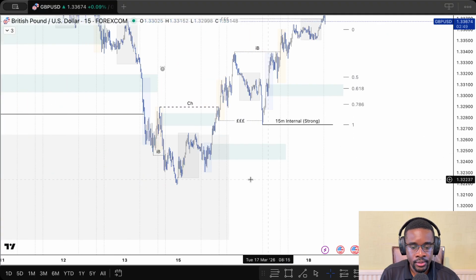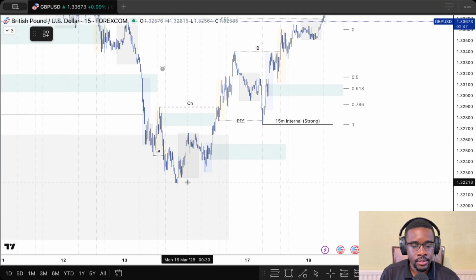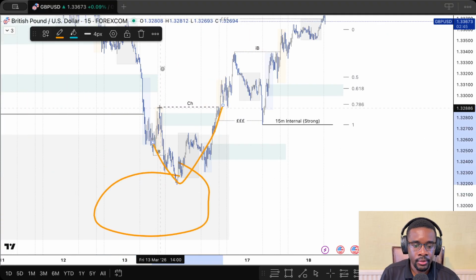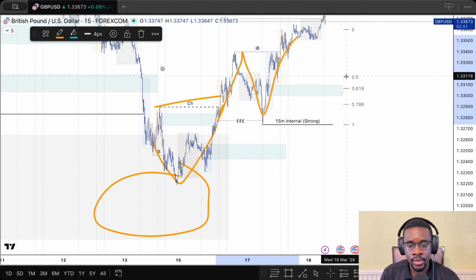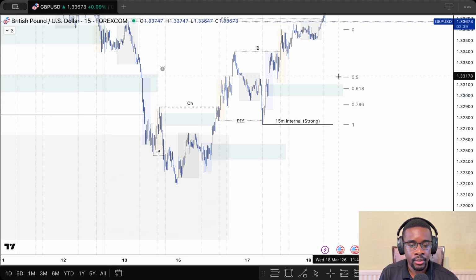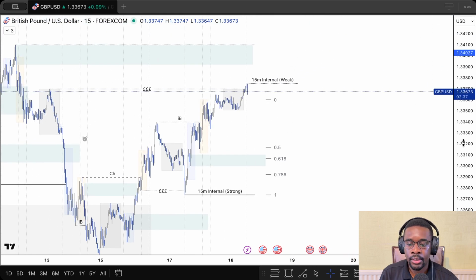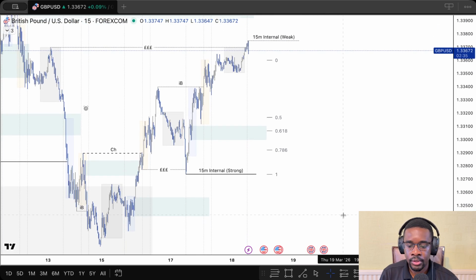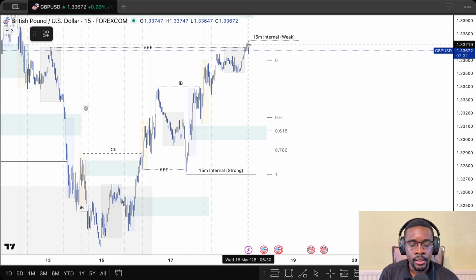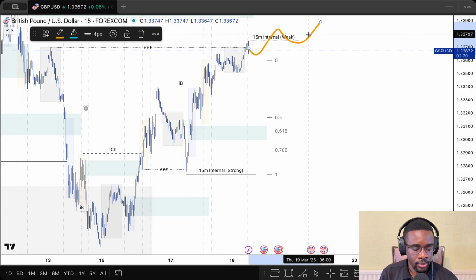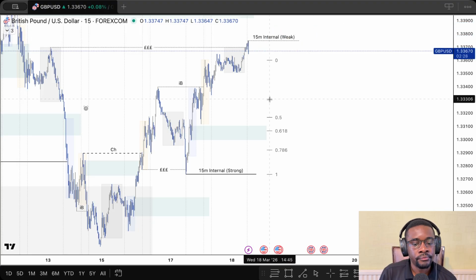So in terms of context, this is our daily demand, okay. Price is reacting from there. Now we have breakout structure come up, all right. Now we're breaking structure to the upside, so it is possible that price is not gonna come back, okay. Price is not gonna come back anytime soon, and we might just continue going bullish, all right, for a while.